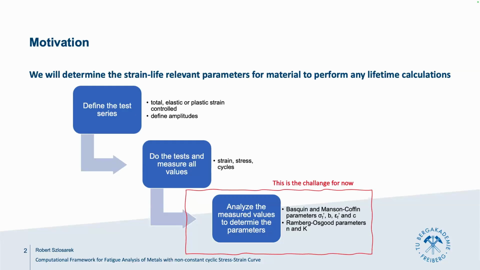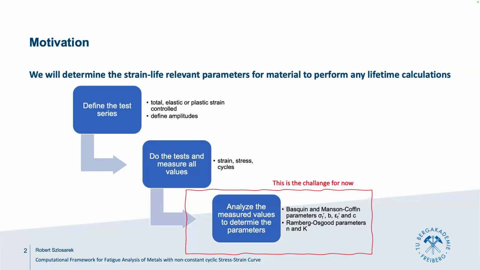And what is then often my first step? I need to analyze the data to get the material data, namely the Basquin and Manson-Coffin parameters and the Ramberg-Osgood parameters. This is often the point where I start, analyzing the test data.